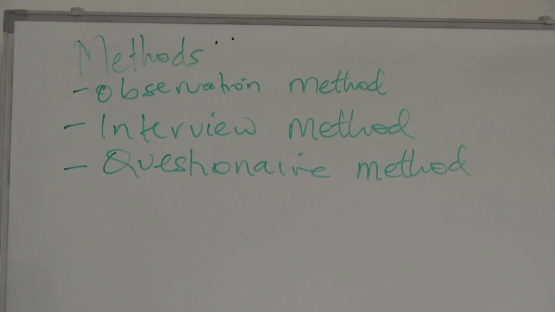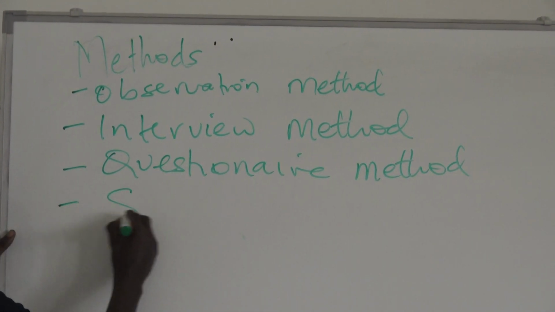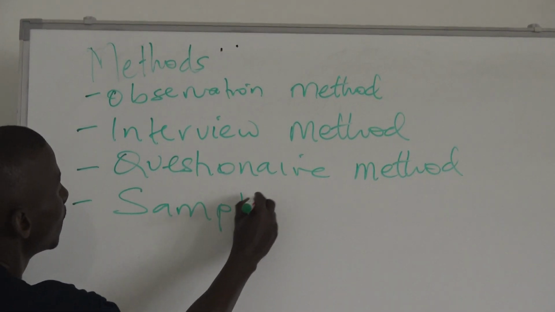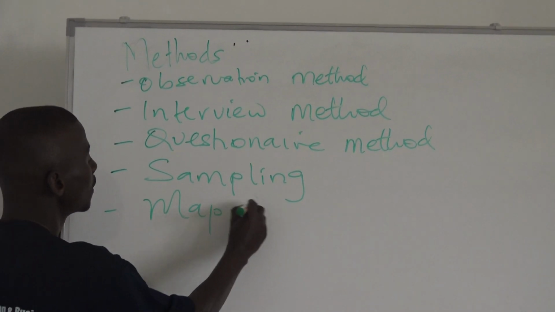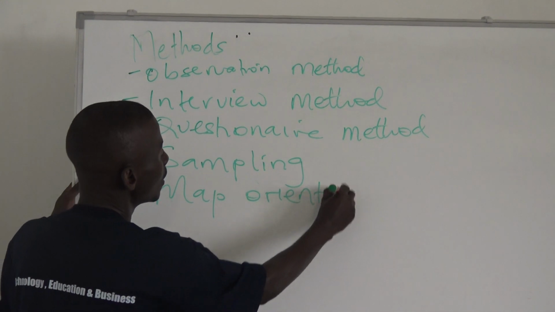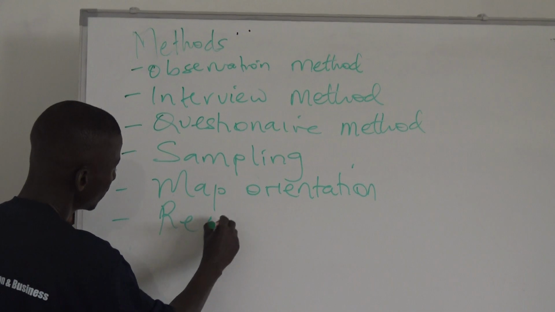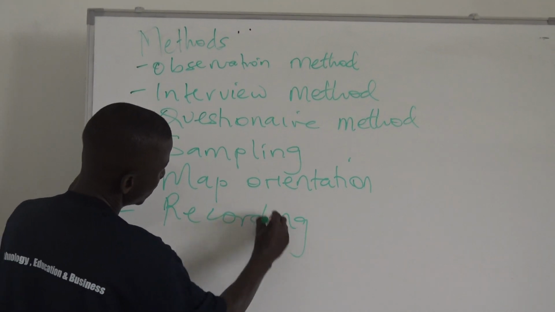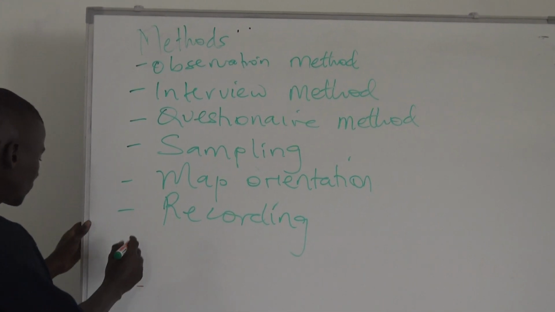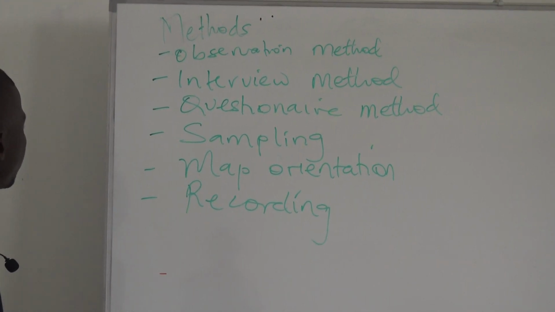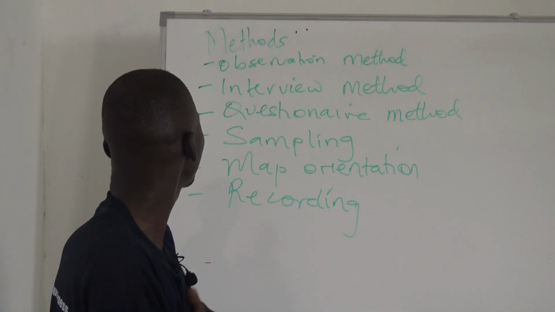Questionnaire method. From questionnaire, we have sampling, we have map orientation, we have recording method, and very many other methods as we are going to see.